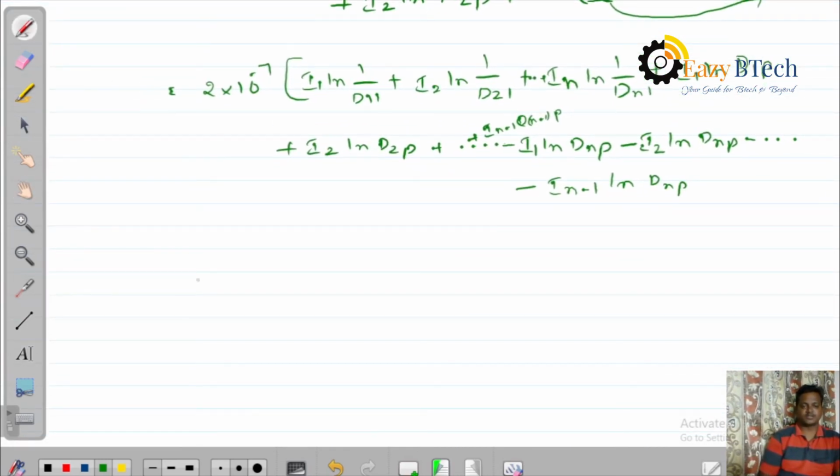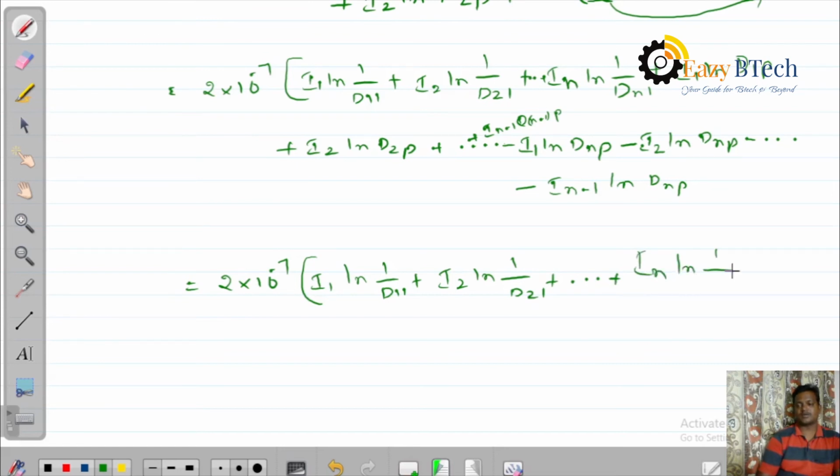Therefore, the final expression is 2 into 10 power minus 7 I1 ln 1 by d11 plus I2 ln 1 by d21 plus up to In ln 1 by dn1 plus, write I1 terms at one place.